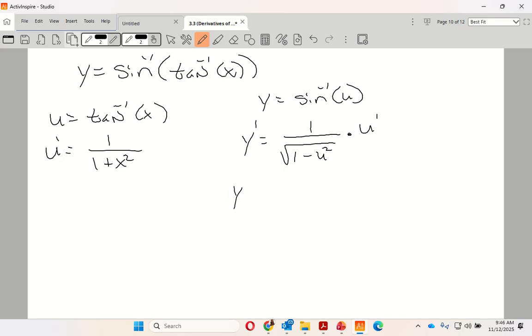So y prime is equal to 1 over the square root of 1 minus u squared, which is 1 over 1 plus x squared times u prime. Oh wait, no, I put that in too soon. Sorry, it's just arctan squared. I was putting the wrong one in there. U prime is the inverse prime. x squared. There we go.